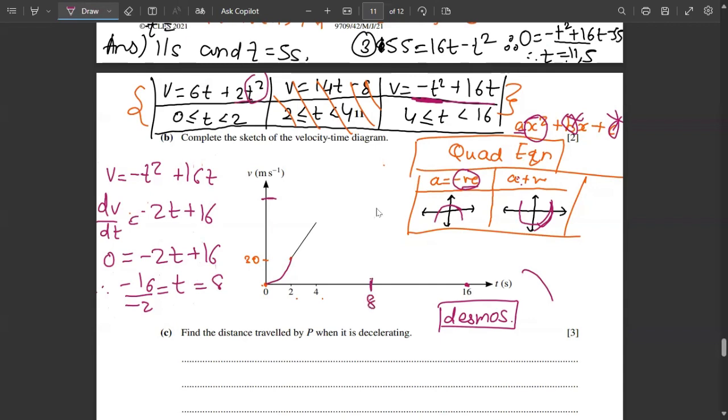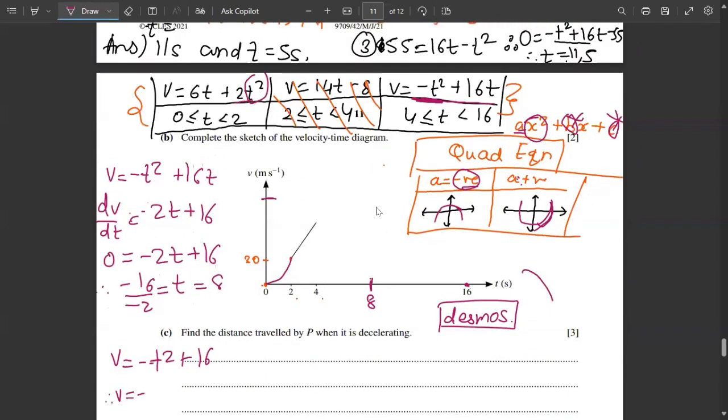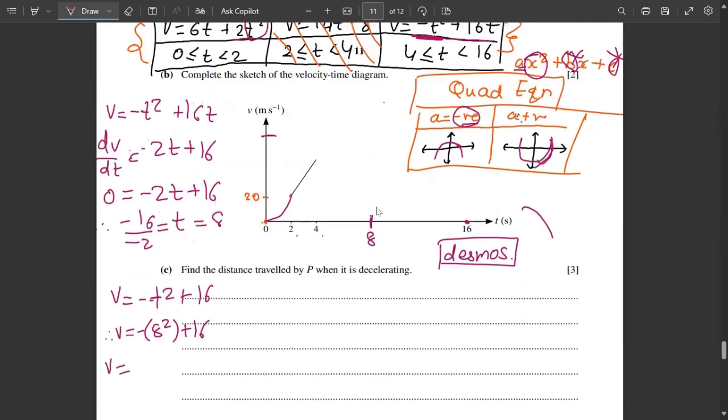And now let's see the velocity. What is the velocity at 8 seconds? So v equals minus t square plus 16t. Therefore, v equals minus 8 square plus 16 into 8.